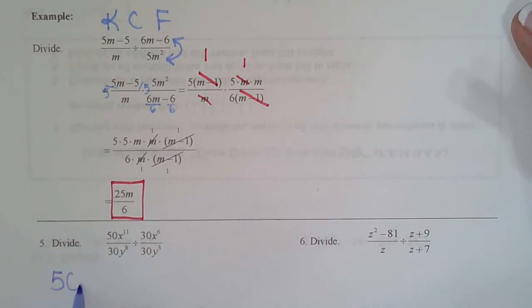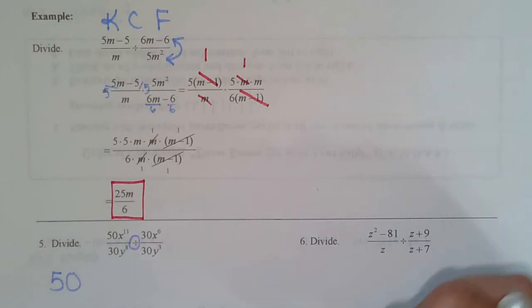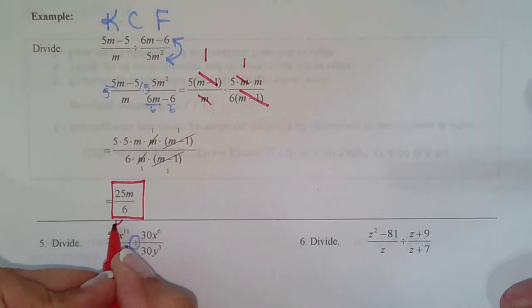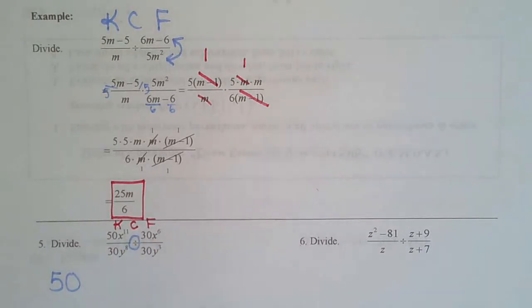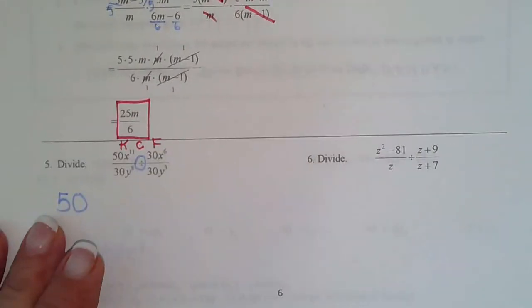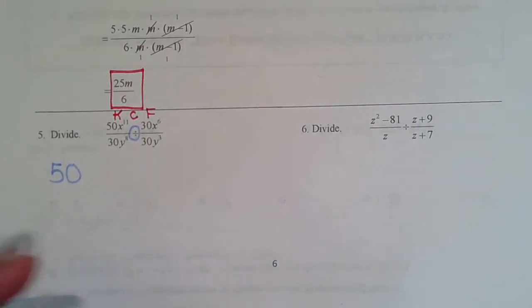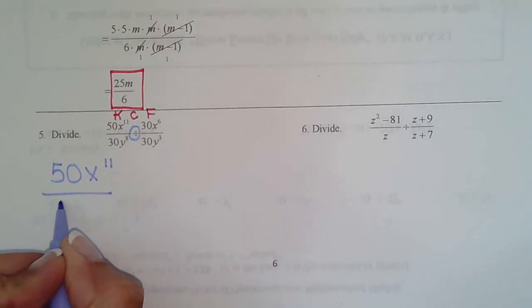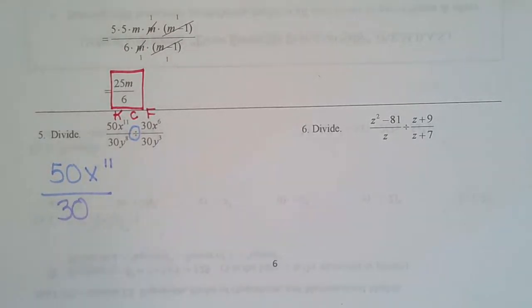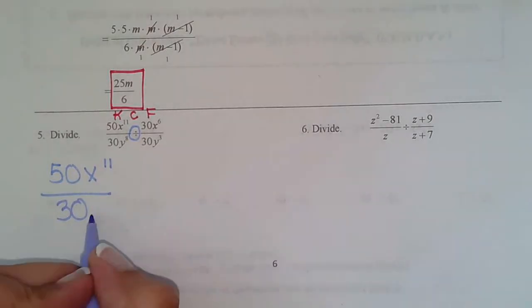So keep, and let's just keep writing that so we don't forget. Keep, change, flip. So the first fraction is going to stay the same. So 50 x to the 11th over 30 y to the 8th.